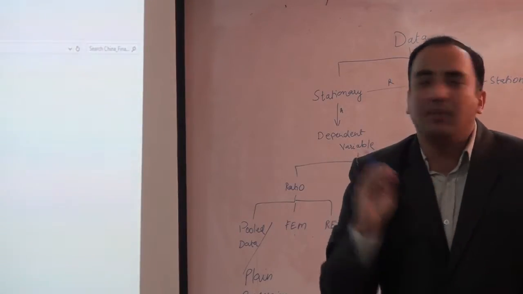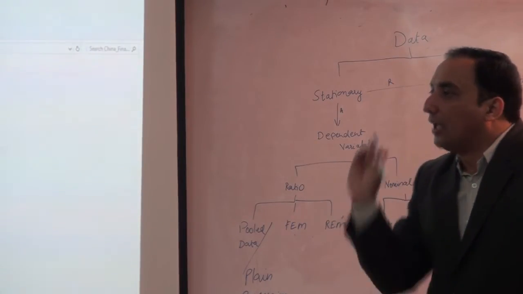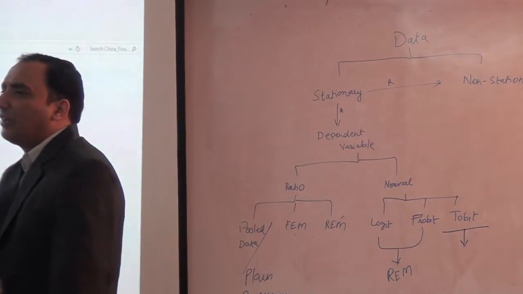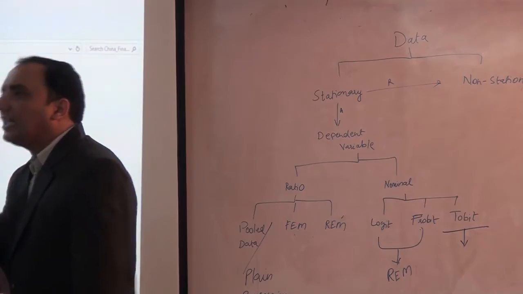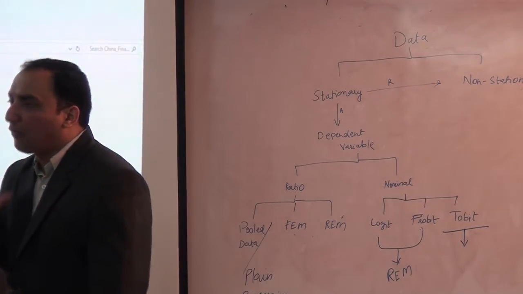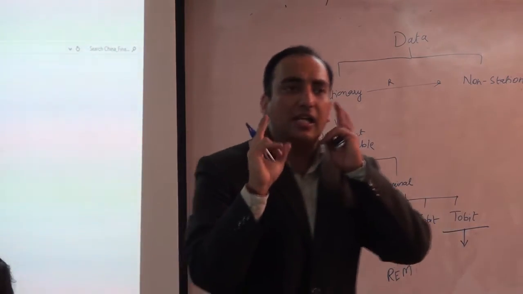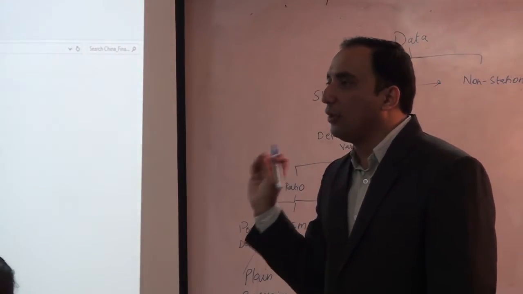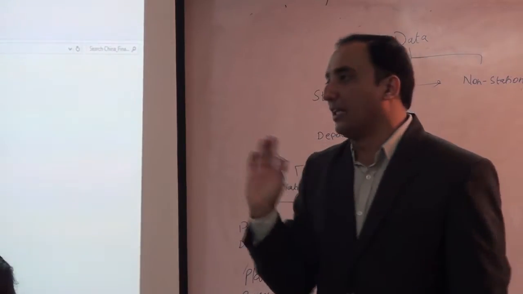Sometimes, but you have to understand. See, a coefficient can have a positive sign or a negative sign. So the sign is meaningful. However, the value of the coefficient is very difficult to interpret. And hence, when you are doing logit, probit or Tobit for the first time, you should only focus on the sign, whether it is a plus sign or a minus sign. You should not focus too much on the magnitude.